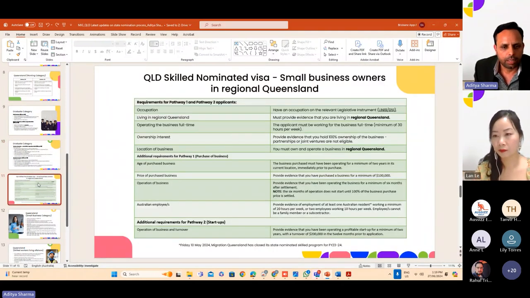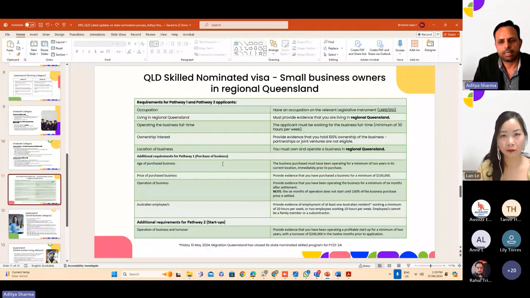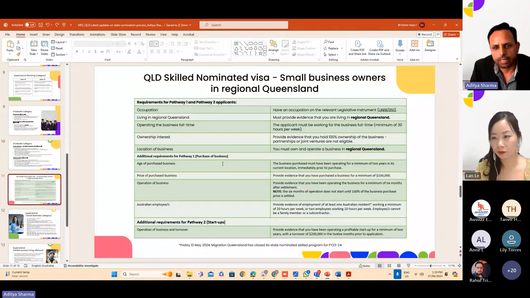The other good thing about being in Queensland is the small business owner category. This is only for 491 visa applications, and not all states have the small business owner pathway, but Queensland, ACT, and Tasmania, I believe, these three states do.